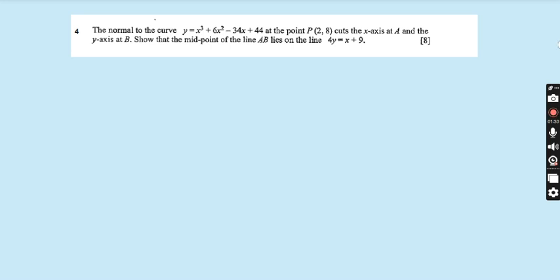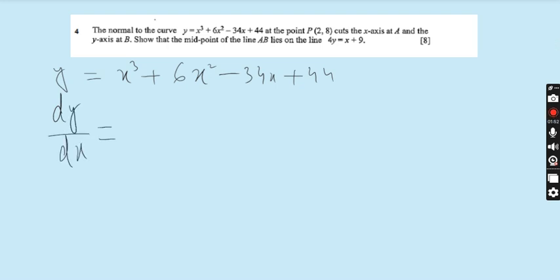First, we have to find the equation of normal. y equals x cube plus 6x squared minus 34x plus 44. In order to find the equation of normal, we must find the derivative of the curve, that is the gradient of tangent.